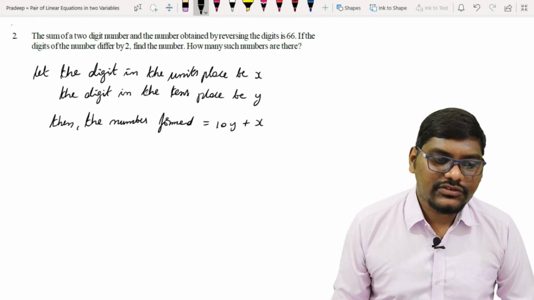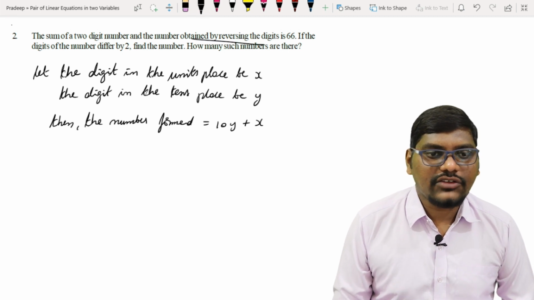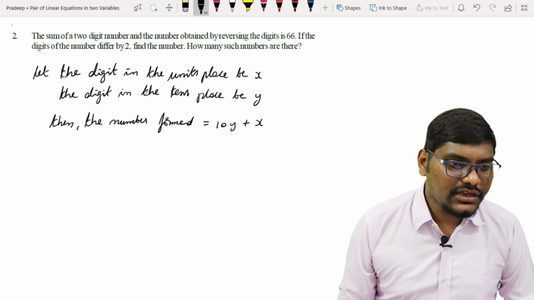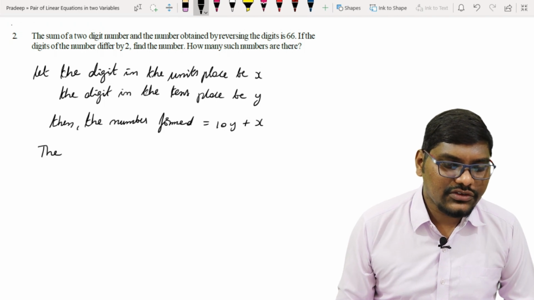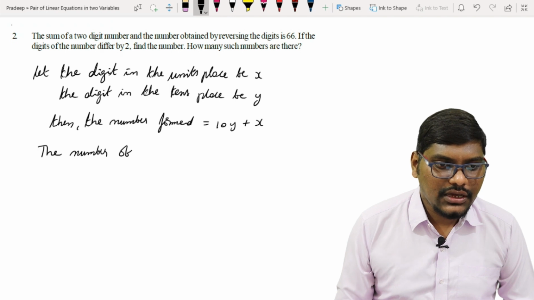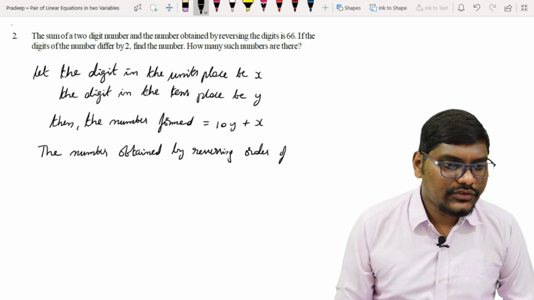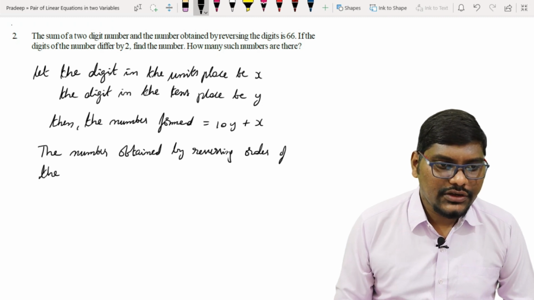So this is the equation which is formed. The second thing they are asking us is to reverse. So I can write the number obtained by reversing the order of the digits.